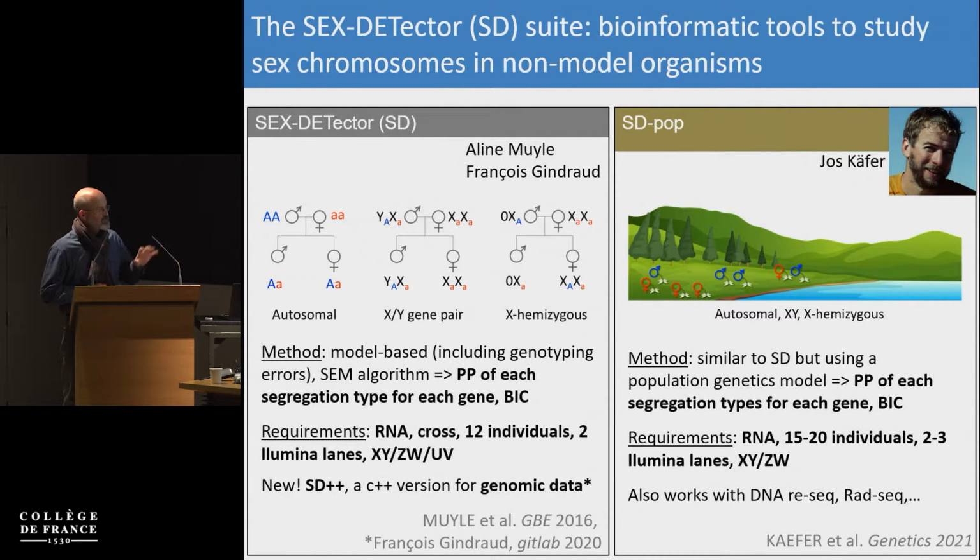It's, I would say, 10 to 20 individuals per sex, and then you get the list of sex-linked genes and their sequences.